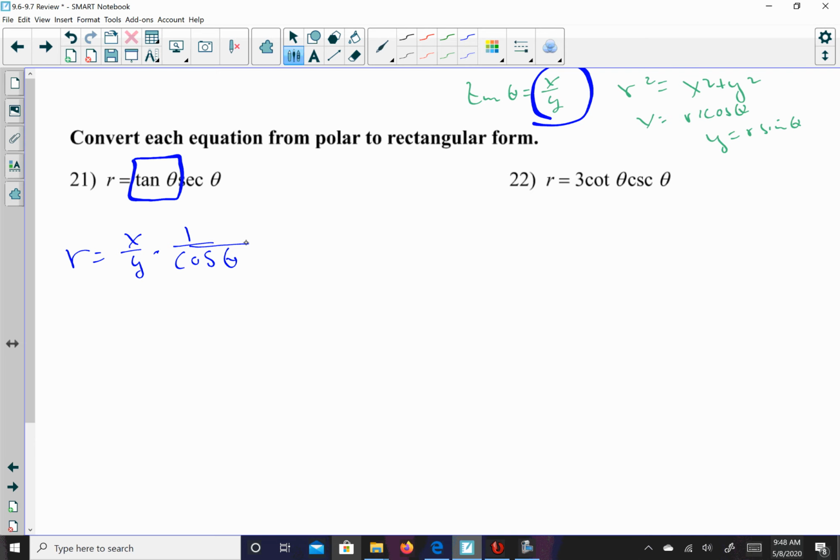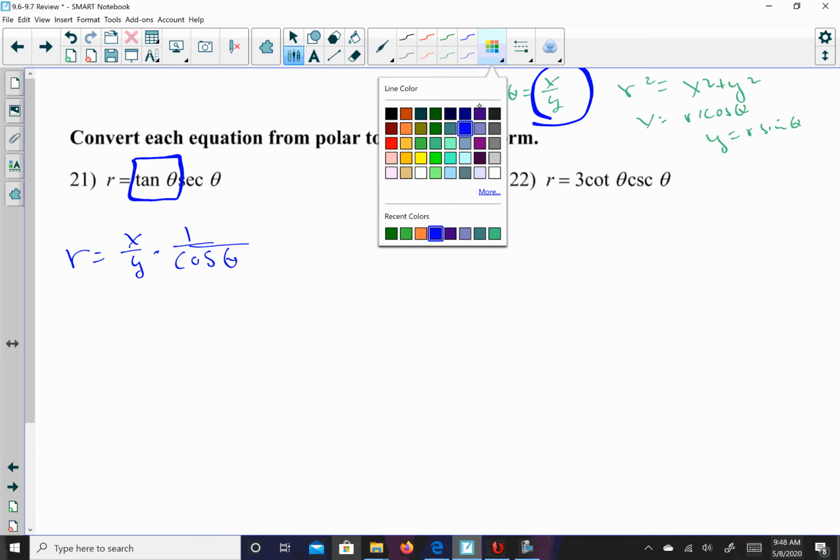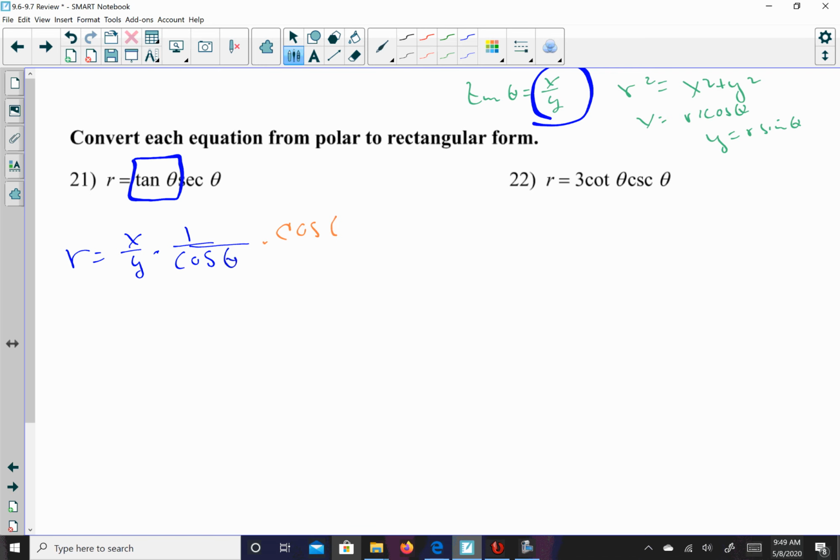To simplify this, let's say I wanted to put that cosine over to the other side. So I'm going to multiply this side by cosine of theta, which means I'm going to multiply this side by cosine of theta. When I do that, I have r cosine theta is equal to the tangent expression. Well, r cosine theta is x.